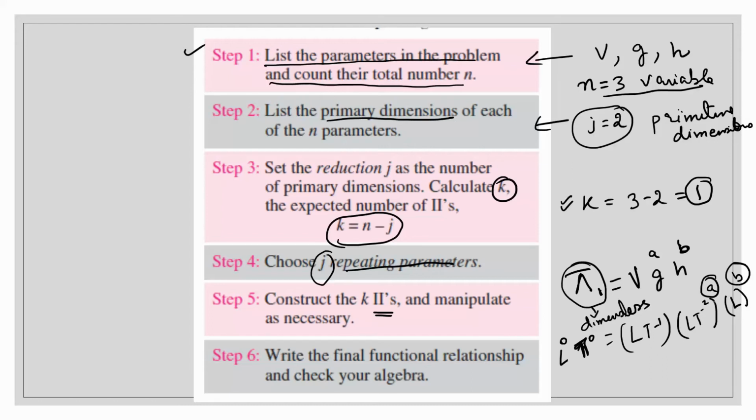After finding the values of a and b, if you put them in this equation, you will find the same relationship as we found in the example. Finally, you can check the functional relationship and check your algebra. So this is another way of finding the relationship between the variables without knowing the underlying physics or the principles of mechanics. We will look at another example of this.